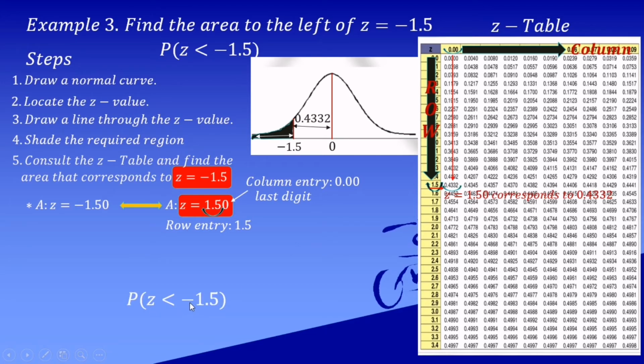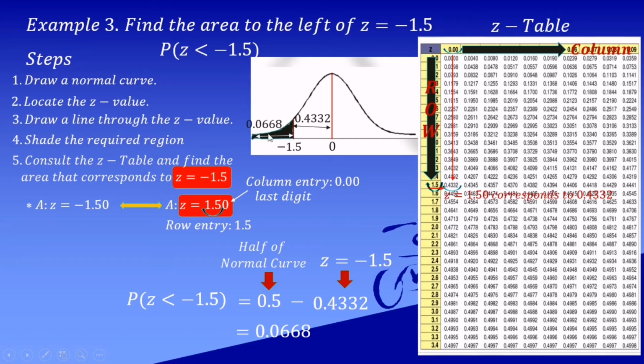Then the probability z is less than negative 1.5, then half of the normal curve, 0.5, then subtract natin sa ating unshaded region yung area ng z equal to negative 1.5, that is 0.4332, then subtract, then we get 0.0668.